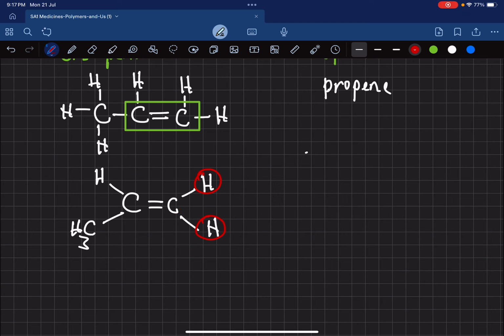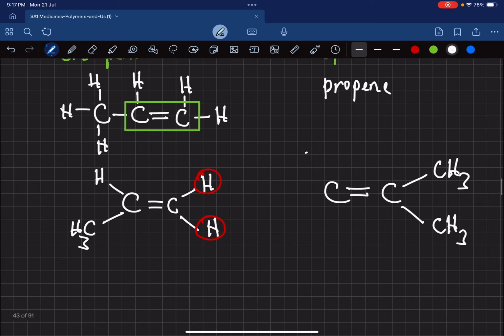So if you had a double bond like this, and there was a CH3 over here and another CH3 over here, you cannot have cis and trans. It cannot happen. You cannot have the same group on the same carbon side. That means the cis and trans configuration will not work if it's like that.